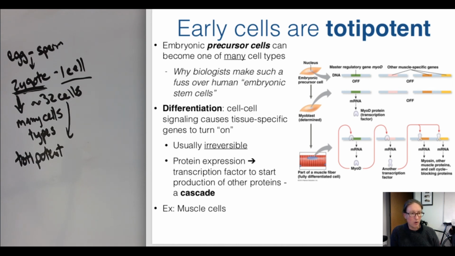And what will happen is one gene might turn on, and so what that means is that gene's getting transcribed and translated, so that gene is being expressed, and often the product of that gene also winds up being a transcription factor that can wind up either inhibiting or stimulating transcription and translation of other genes as well.